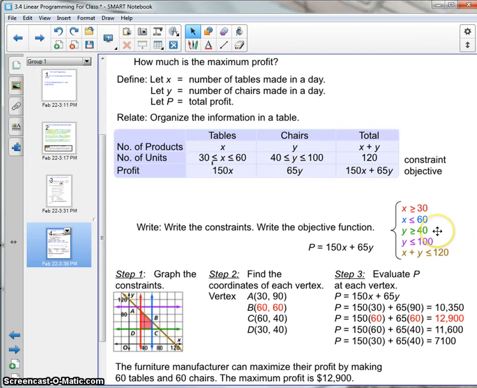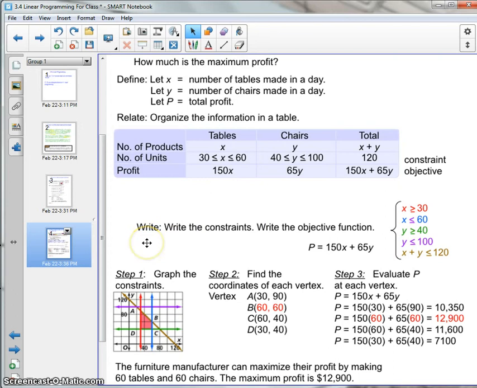Then we also know that with our chairs, we can make at least 40, so our y is greater than or equal to 40, and y is less than or equal to 100, because at most we'd make 100, which we got all from right here. We just broke it up into two inequalities. And then we also have our total, where x plus y, our number of tables plus our number of chairs, will be less than or equal to 120.